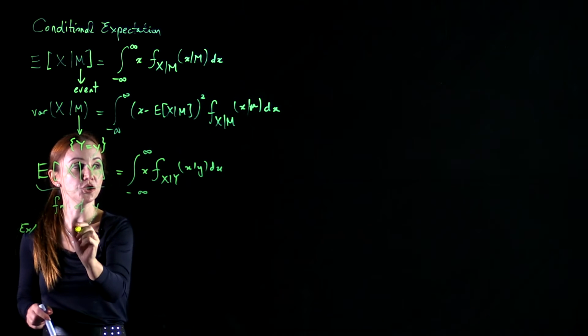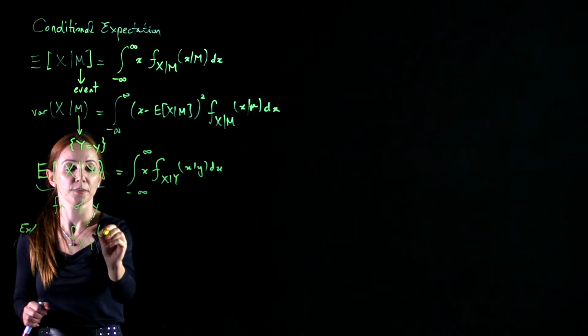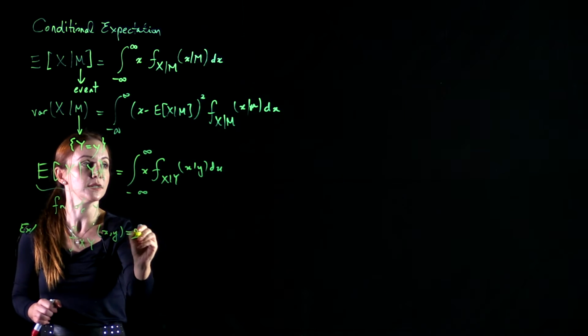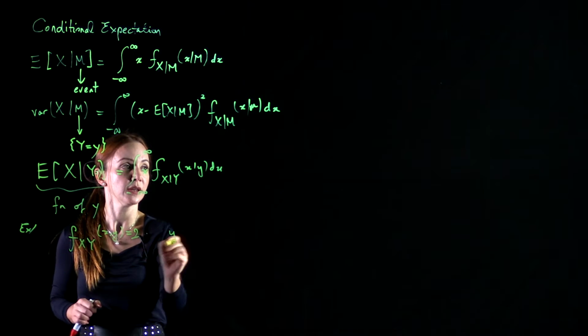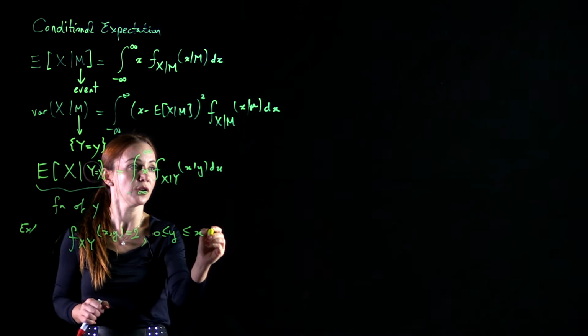Here the joint distribution of x and y is a constant when y is less than x and they're both between 0 and 1.